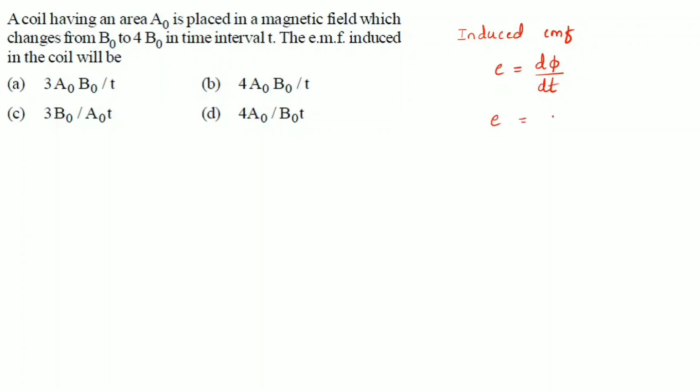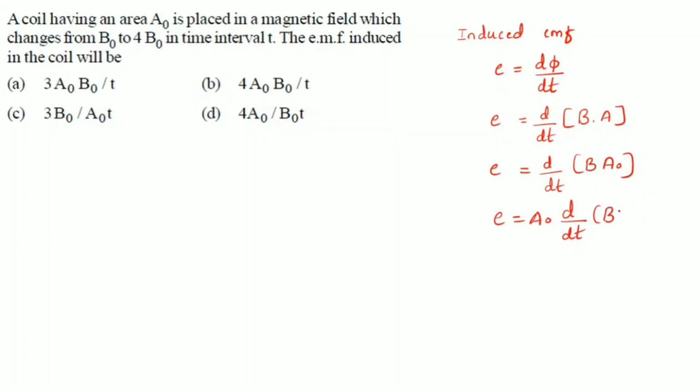So E equal to d by dt of magnetic flux, that is B dot A. The area of the coil is given, that is A0, so it is constant. So we can write d by dt of B A0. Area is constant, take it outside, remaining is d by dt of B.